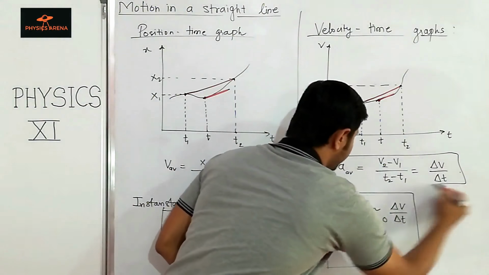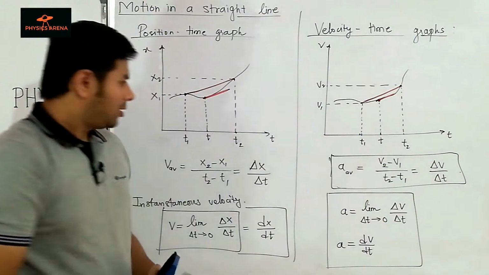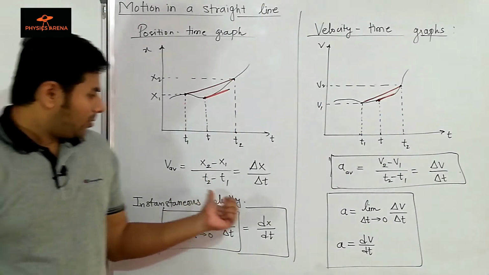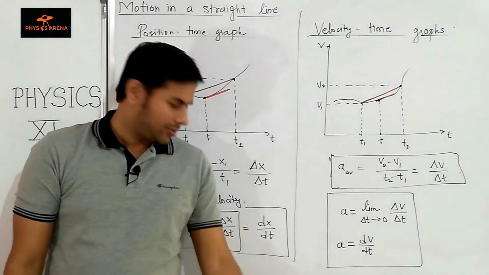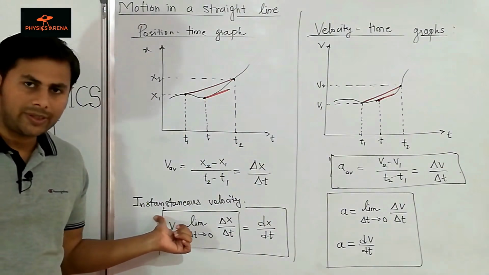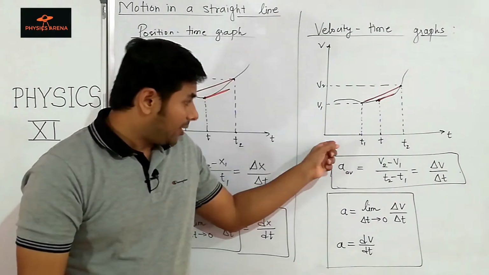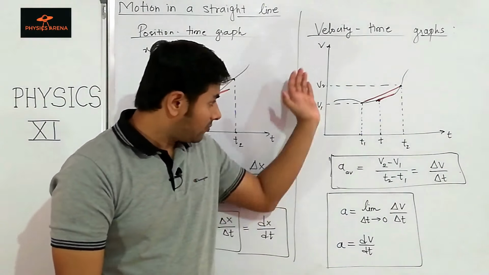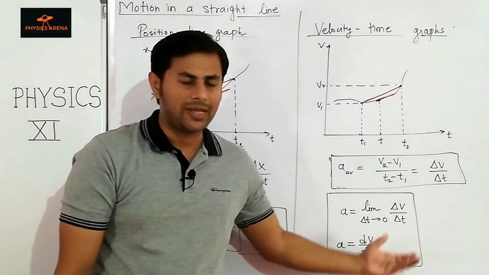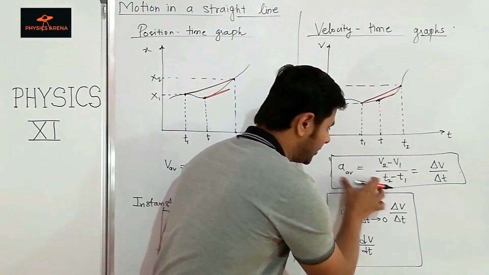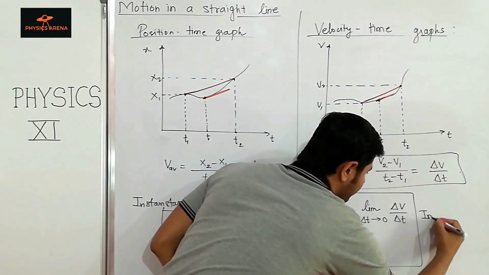So the slope of the position versus time graph at any point gives us instantaneous velocity. Similarly, the slope of the velocity versus time graph at any point gives us instantaneous acceleration. So this is average acceleration, this one is instantaneous.